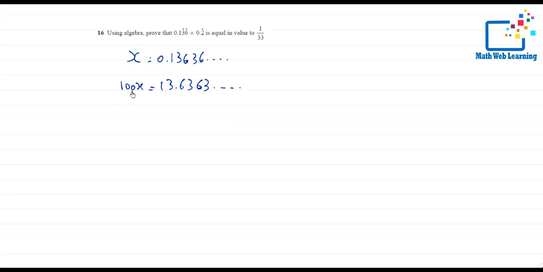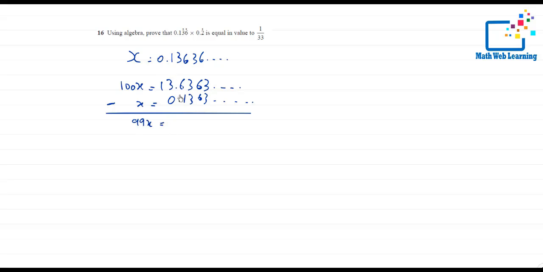Now you subtract this one from this, right? So you do minus x, or some similar method anyway. You place it here 0.13 and then 63 and so on. So then you end up with 99x.